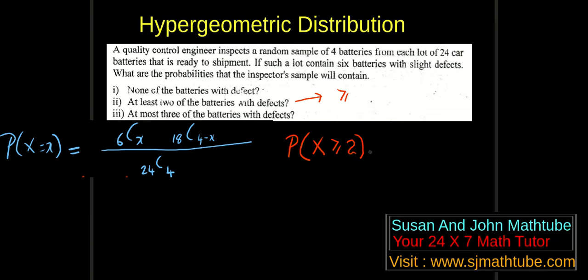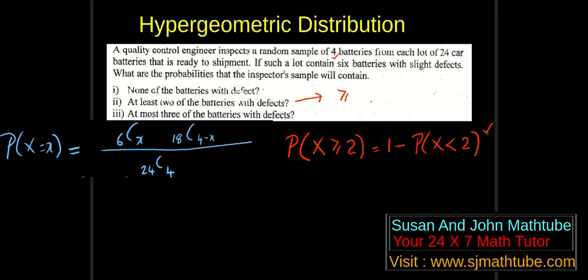And greater than or equal to 2 means it can be 2 or maybe 3 or maybe 4, because he's selecting up to 4 batteries. Anyway, I don't want to do 2, 3, 4 everything, so I'm going to apply the usual trick. So I'm going to write less than 2.